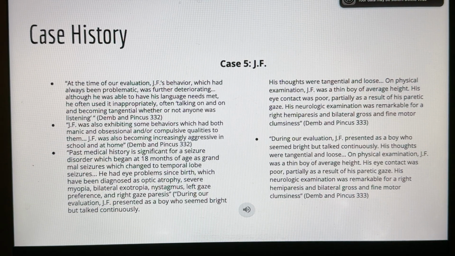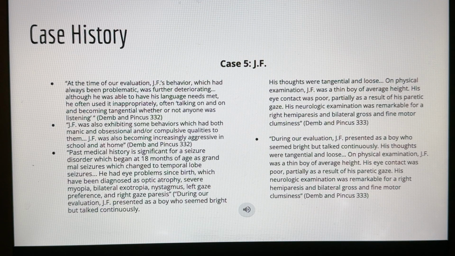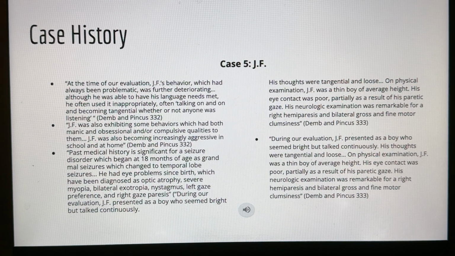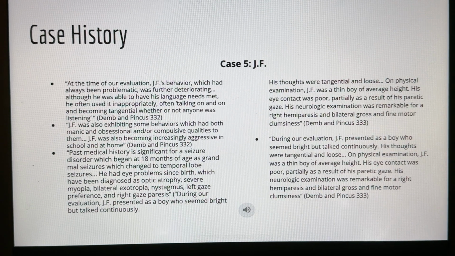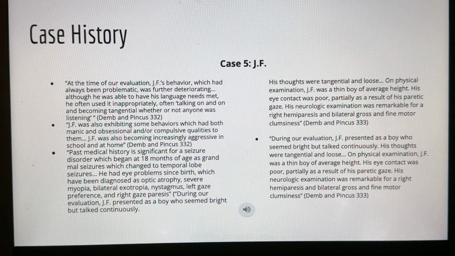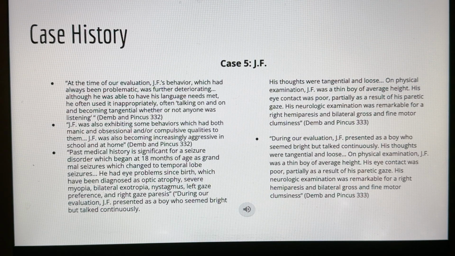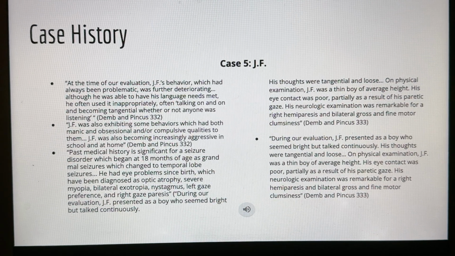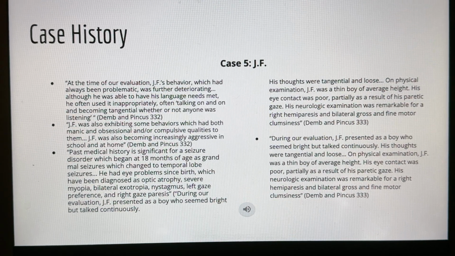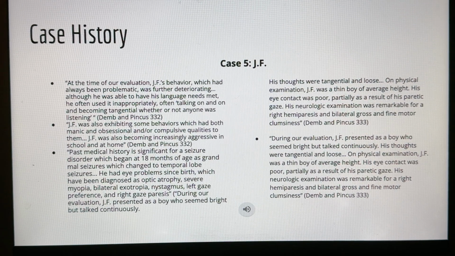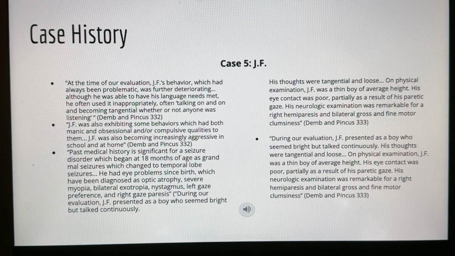He was also becoming increasingly aggressive in school and at home, and past medical history is significant for a seizure disorder which began at 18 months. His thoughts were tangential and loose. On physical examination, he was a thin boy of average height. His eye contact was poor, partially as a result of his periodic gaze. His neurological examination was remarkable for a right hemiparesis and bilateral gross and fine motor clumsiness.